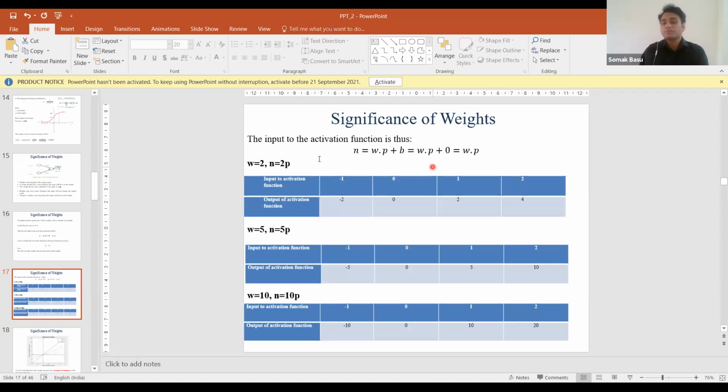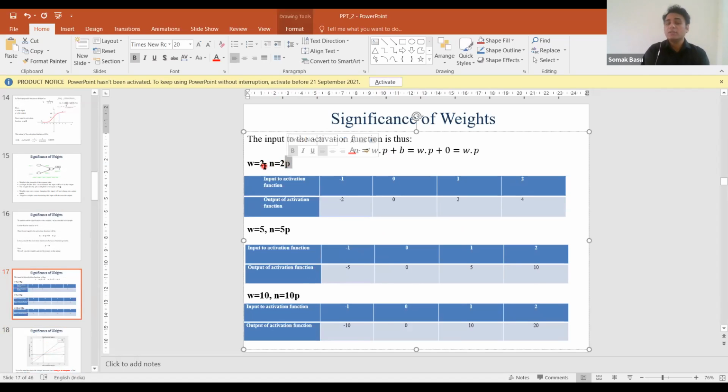Let us assume that the input is P, the weight is 2, and the bias is 0.